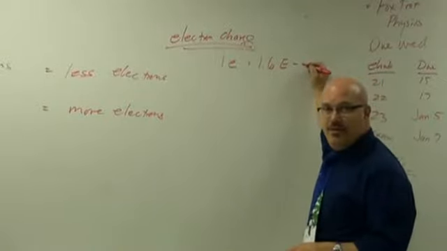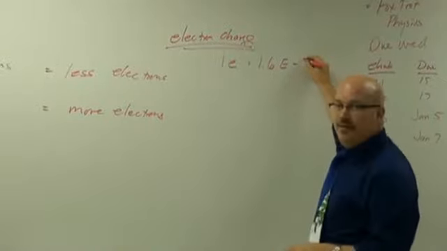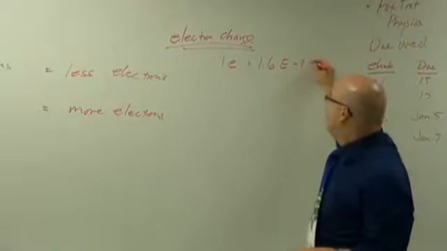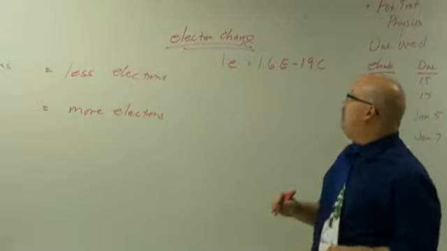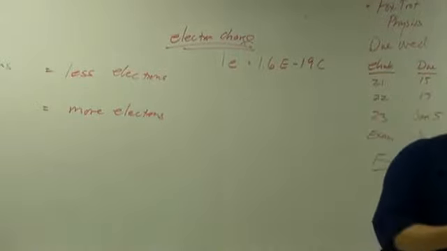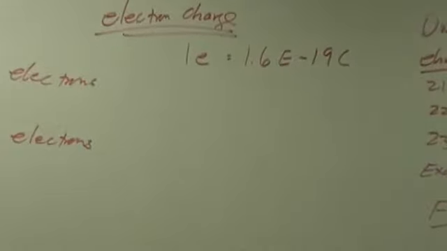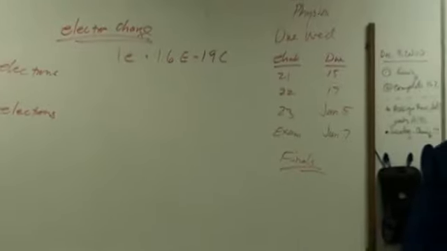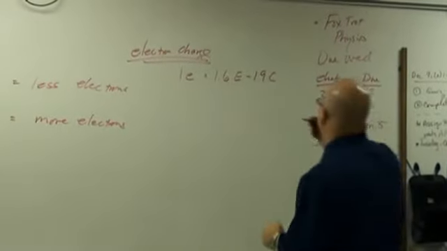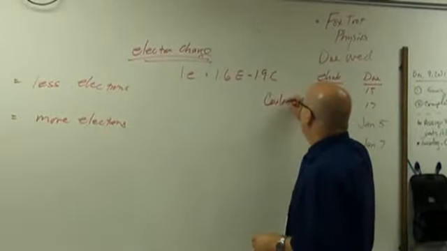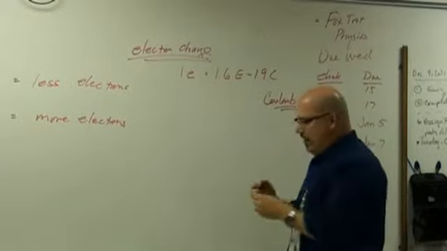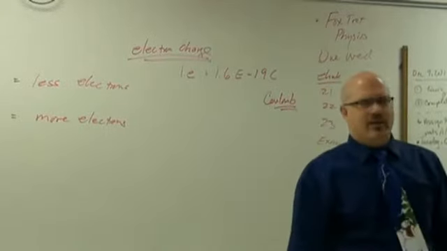1.6 times 10 to the negative 19 coulombs. So we got our term coulomb. Coulomb is our unit of charge, named after General Coulomb, I believe.